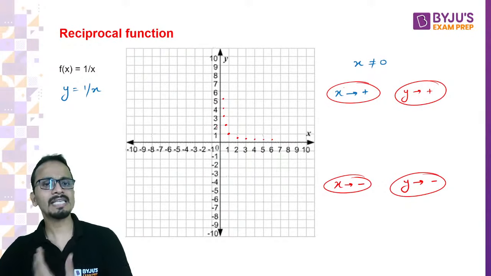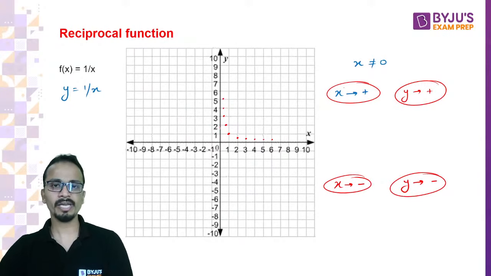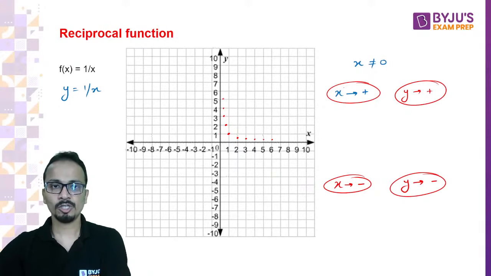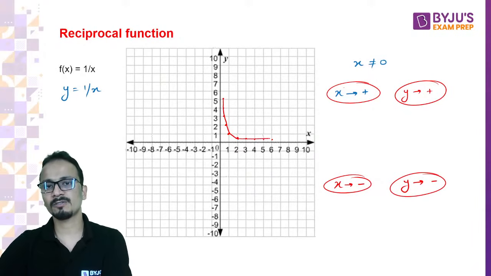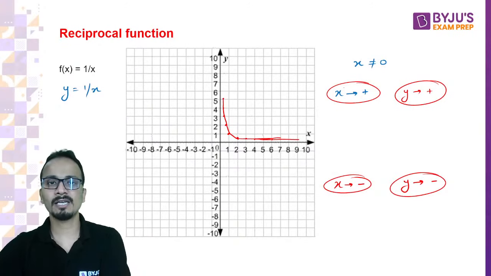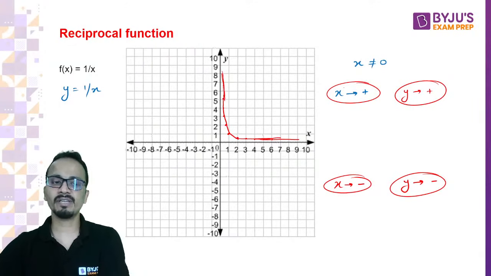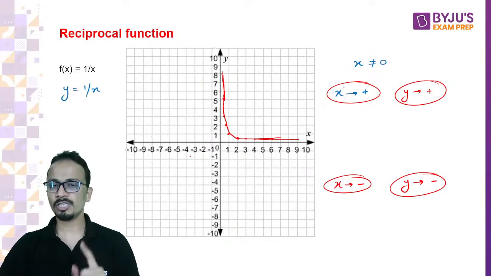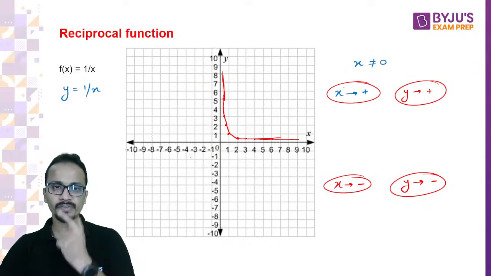And since x 0 नहीं हो सकता, the graph will never touch the y-axis. So the rough graph of this function will be something like this. It will keep on going near to the x-axis and y-axis on both sides, but it will never touch any of these axes. Okay, fine. So this is the portion of the graph in the first quadrant.